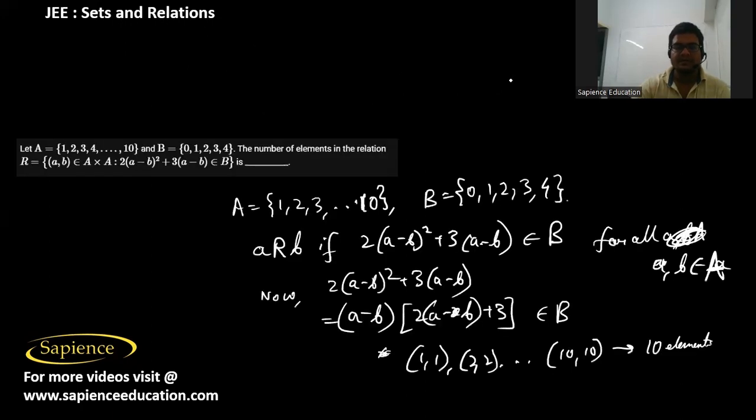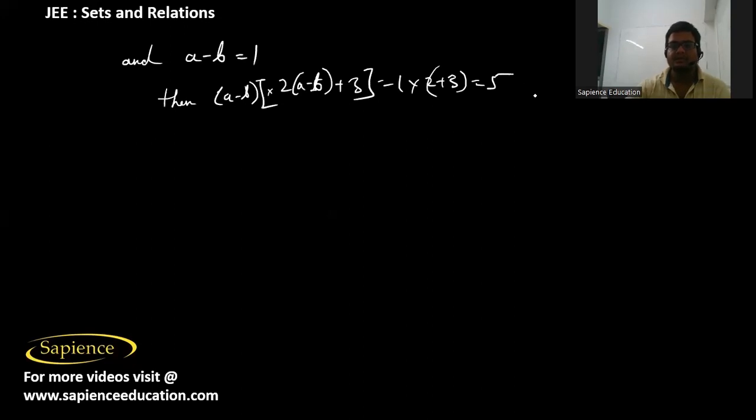Since why? Then (A minus B) into (2 into (A minus B) plus 3) will be equal to 1 into (2 plus 3). So that is equal to 5. And 5 is not an element in the set B. 5 does not belong to set B. So A minus B can't be 1.